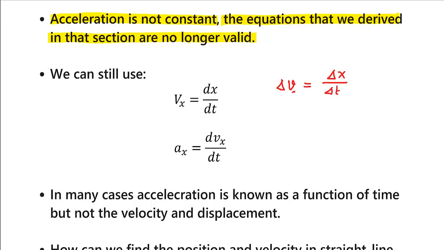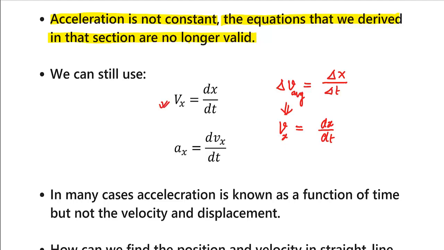Now in the limiting case, when delta t tends to 0, this average velocity becomes instantaneous velocity Vx, and delta x by delta t becomes simply dx by dt. So this is the expression for instantaneous velocity.